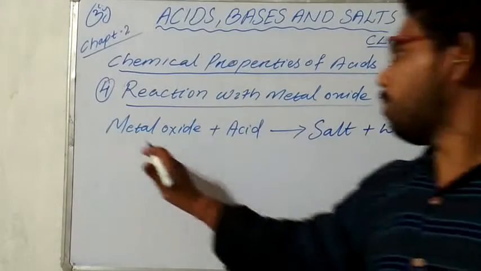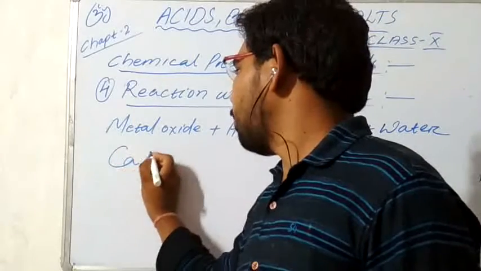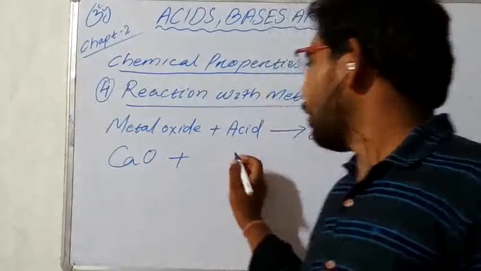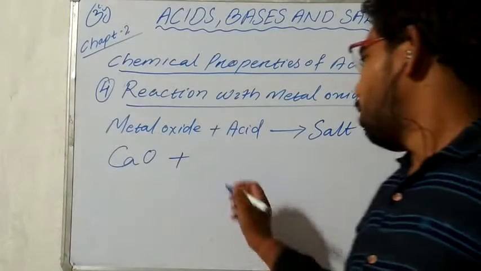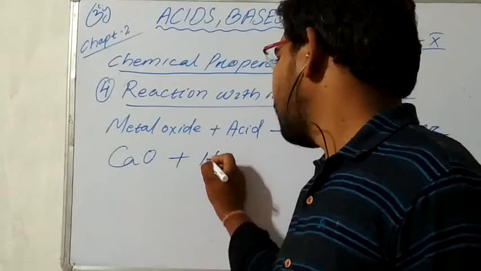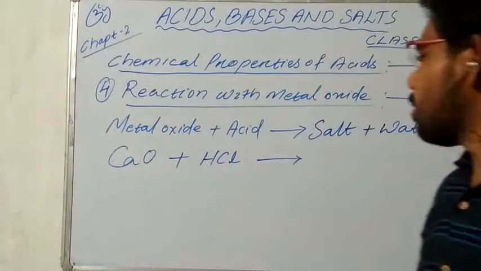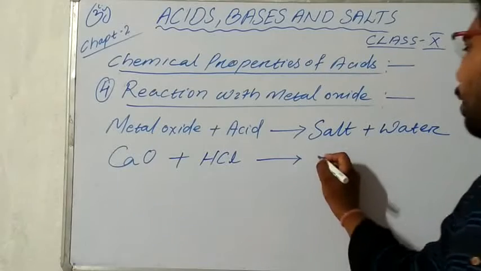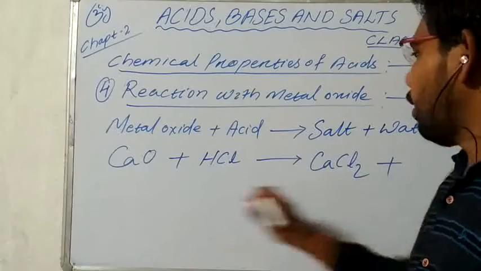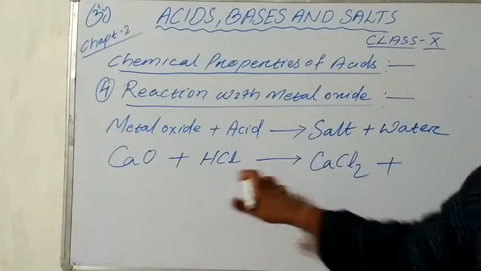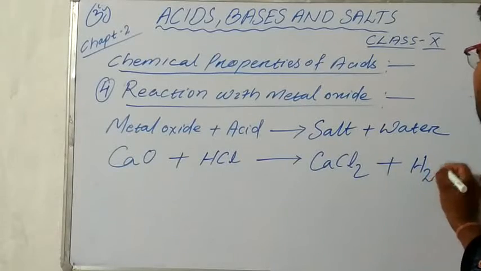We are taking one example of a metal oxide, calcium oxide CaO, and one example of an acid, hydrochloric acid HCl. Which salt is formed here? Calcium chloride CaCl2, because calcium and chlorine are present, and water H2O.